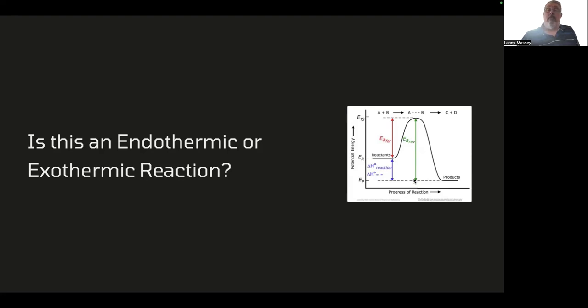Isn't it kind of similar to potential energy and kinetic energy? I can see how you relate it that way, because basically we have chemical potential energy in the reactants, and then we add a little more energy, and then they release a bunch.